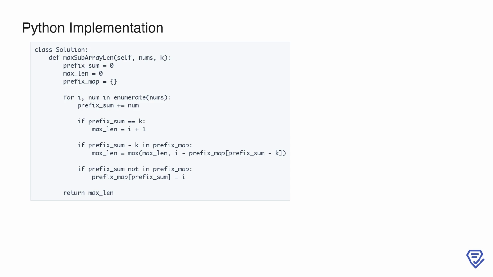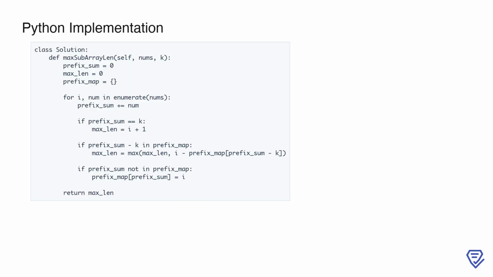If prefix_sum minus k exists in prefix_map, it means there is a previous subarray whose sum is prefix_sum minus k, and removing this subarray leaves a subarray that sums to k. The length of this subarray is i minus prefix_map[prefix_sum minus k]. Update max_len if this subarray is longer than the current max_len.